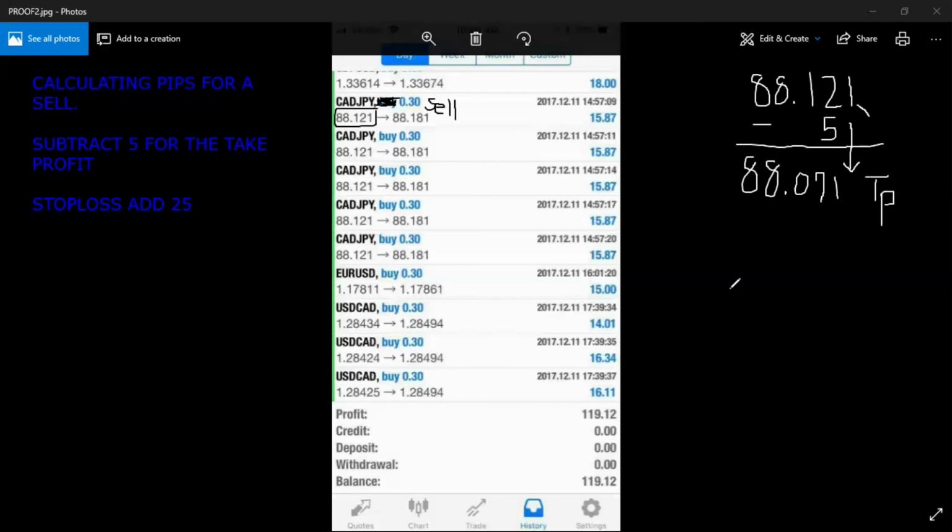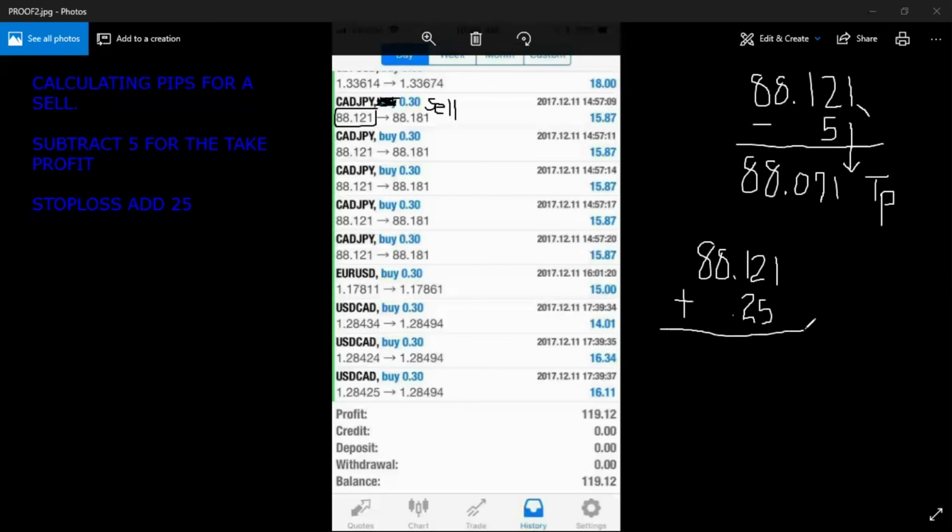The stop loss, 1 to 1. You will add 25, okay? Because the market will retrace up in order to hit your stop loss. How do we get the stop loss for a sale?